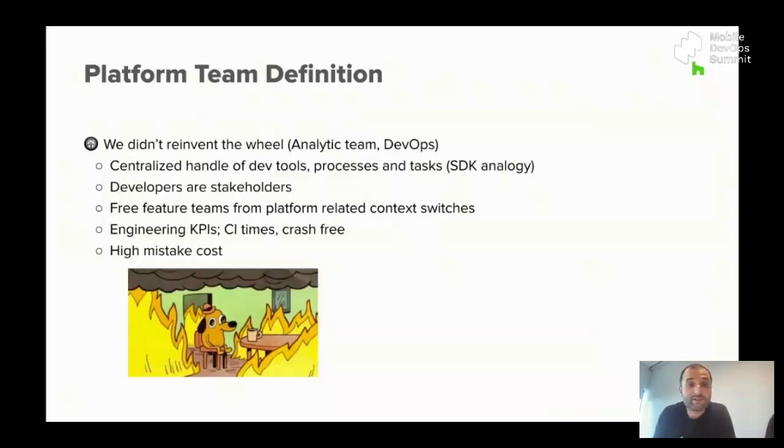If we look at the industry standards, we find that there are already platform teams defined in other engineering areas, such as backend and DevOps. We can learn from them and how they define their teams in order to apply some of the definitions to us as well. So first of all, the main definition of the team is the centralized handling of the dev tools, processes and tasks.